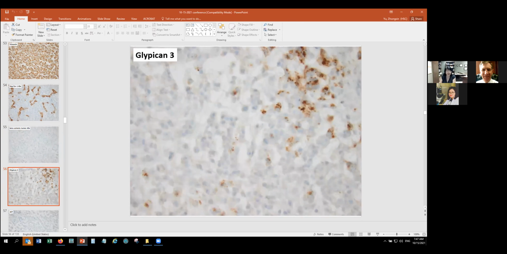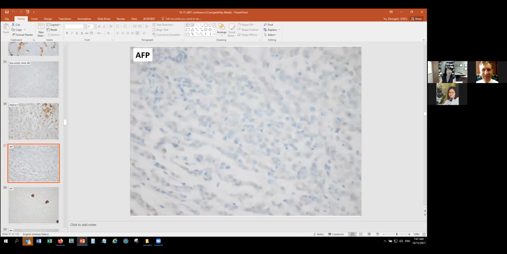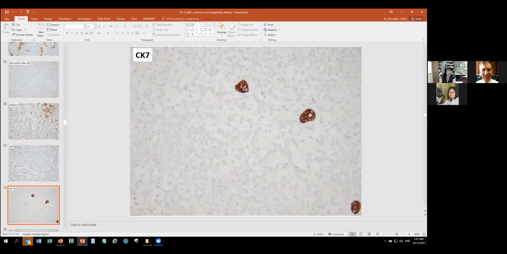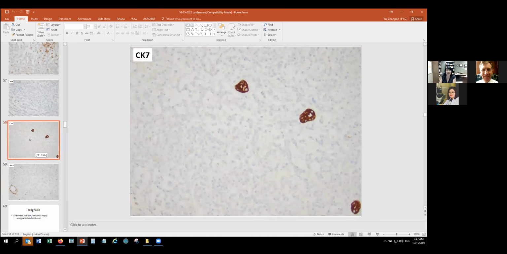Glypican-3, the tumor cells are negative. All those 3 markers are different from hepatoblastoma. AFP is also negative. CK7 is negative, because when we ordered the tests we also wanted to rule out yolk sac tumor, since those may make a solid component. Yolk sac tumor is usually CK7 positive, AFP positive; this one's negative.